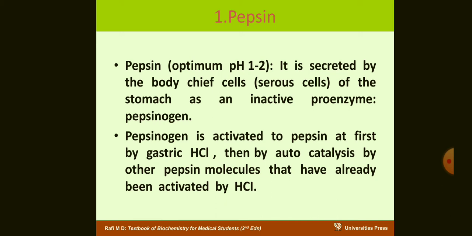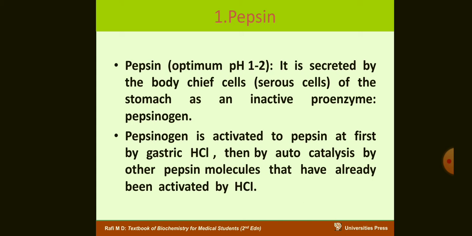It is secreted by the chief cells of the stomach as an inactive proenzyme, also called zymogen. The name of the zymogen is pepsinogen. Pepsinogen is activated to pepsin at first by gastric HCl, then by autocatalysis by the pepsin molecules that have already been activated. This is called autocatalysis.